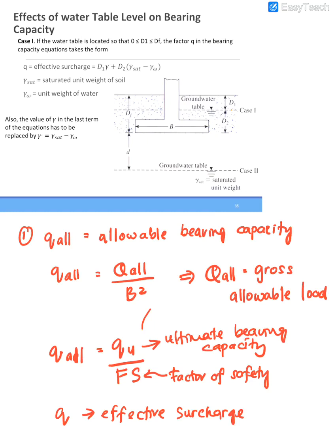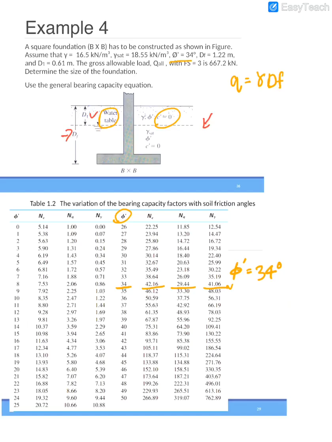For this example, the groundwater falls into case number 1, between 0 and df, the same as in the equation here.